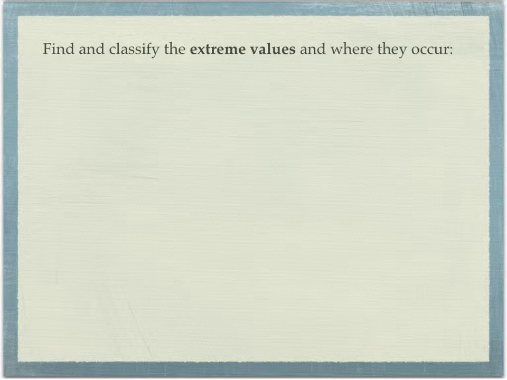All right, find and classify the extreme values and where they occur. So I'm just going to draw some goofy graphs here. Once I find a nice color to use, I guess I'll go back to that blue. So what if I had something that looked like this? That particular function like that.